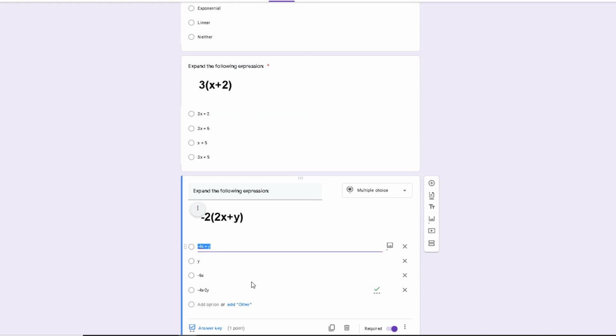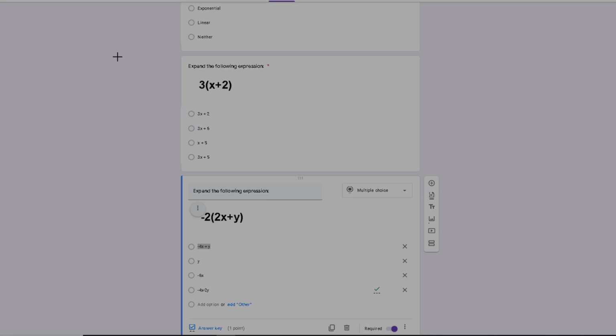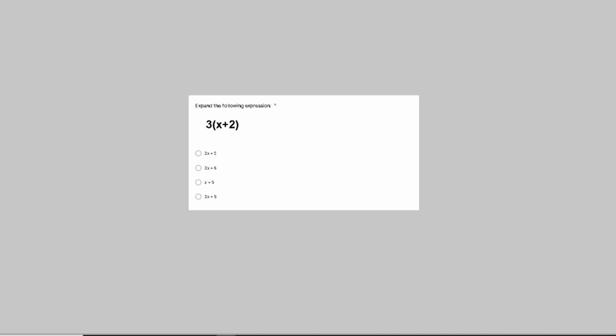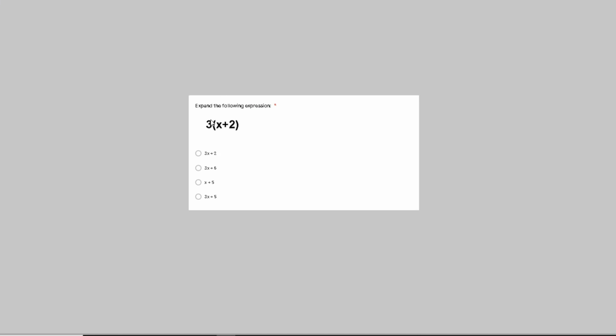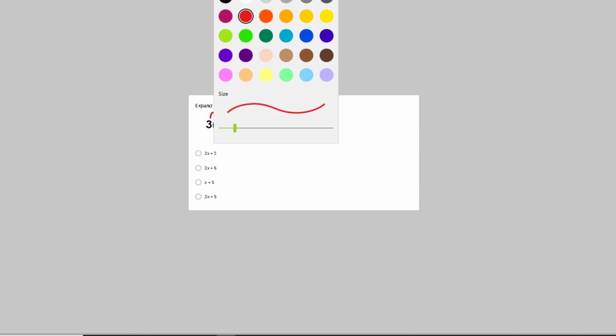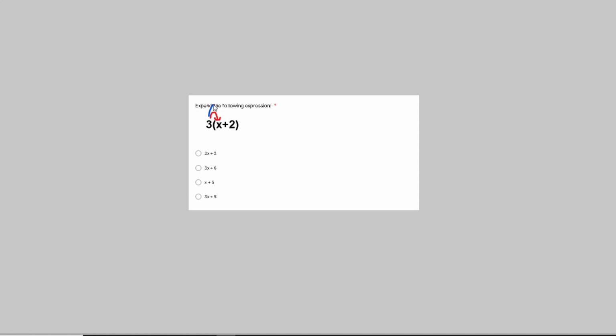All right, expand the following. So this is a distributive property question. Remember, these are just some steps you're going to have to memorize. First, we need to do 3 times x. Then we're going to do 3 times 2. We're going to add up those products together.